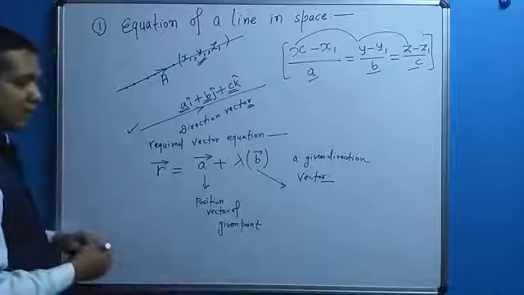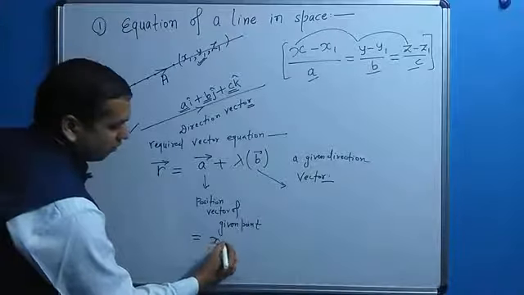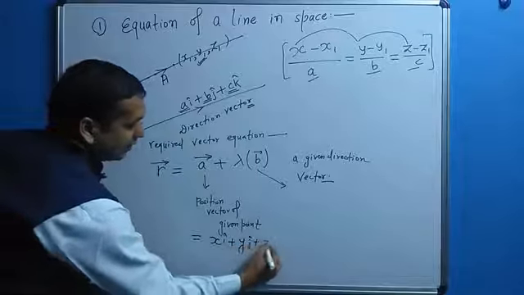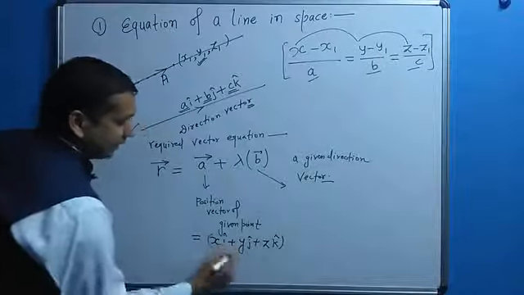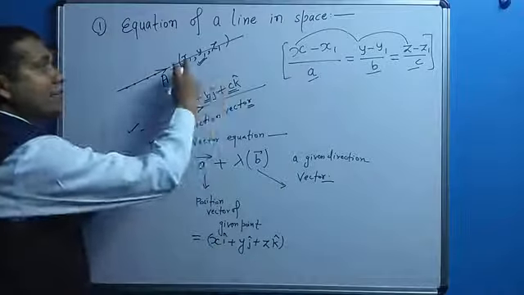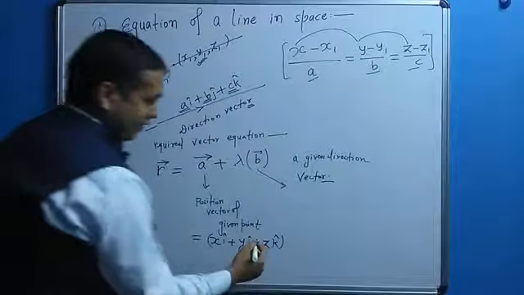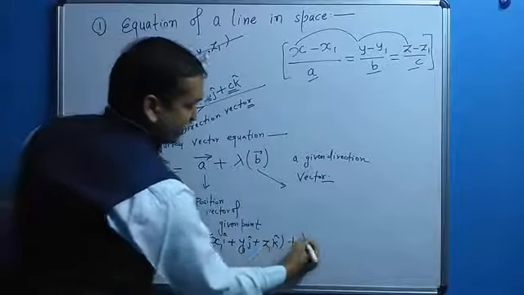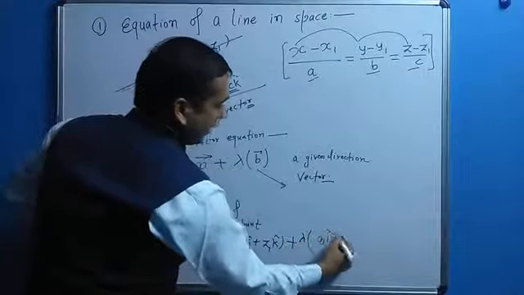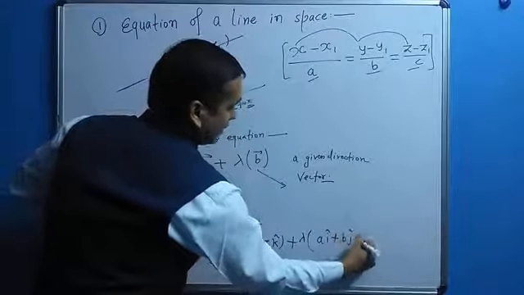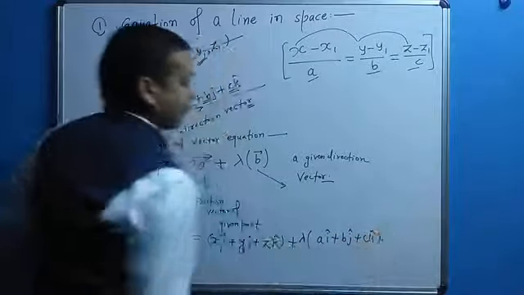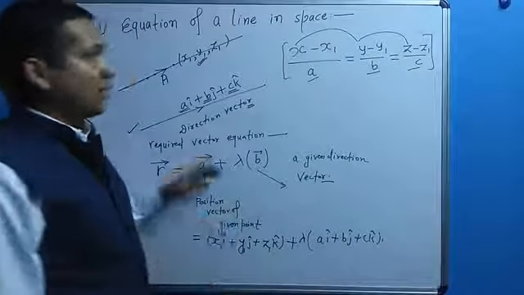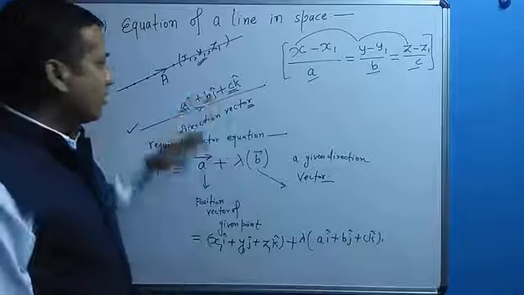So here we can conclude with this equation: x1 i plus y1 j plus z1 k is the position vector of this point, plus lambda into (ai plus bj plus ck). I hope that you have understood. After this we are going to take an example to make it clear.